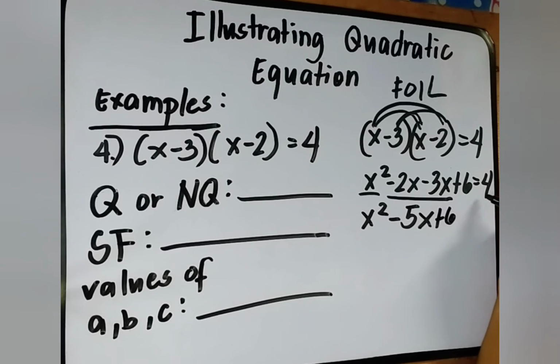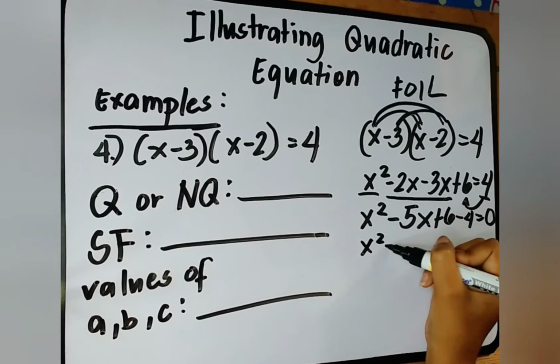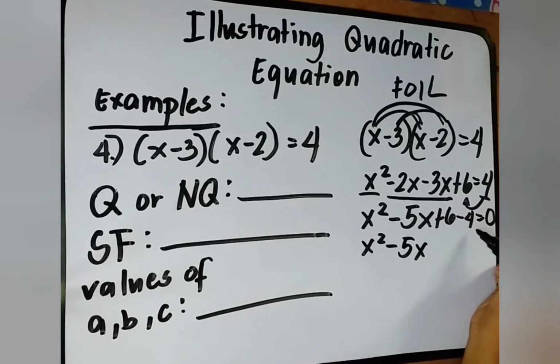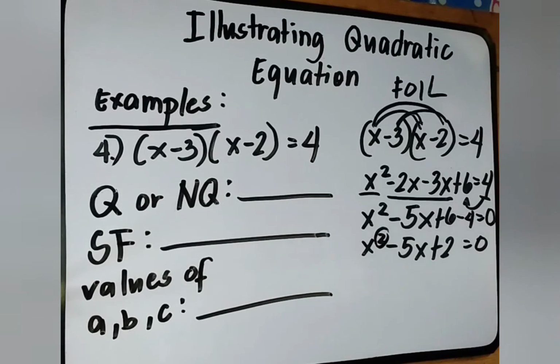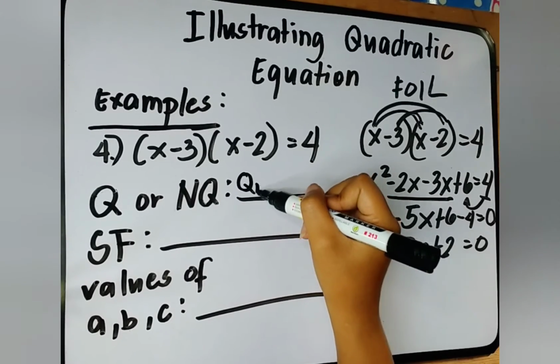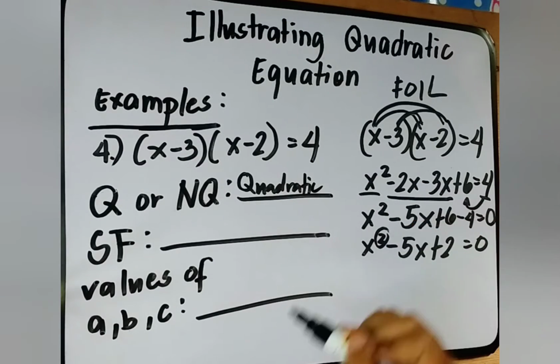Plus 6, and then transpose 4, or using the addition property of equality, it becomes minus 4. So our final equation now is x squared minus 5x plus 2 is equal to 0. Since the highest degree of that equation is 2, we will therefore conclude that it is a quadratic equation.